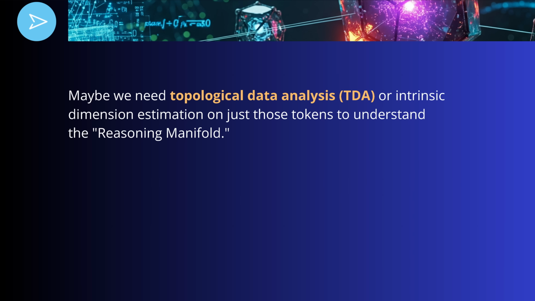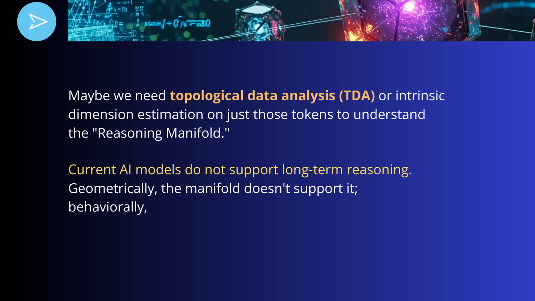Either you go with a topological data analysis, this is known for years now, or you have some intrinsic dimension estimation on just those tokens to understand the emerging complexity of the reasoning manifold. Now, it turns out that the current AI models do not support long-term reasoning. This is another hint.